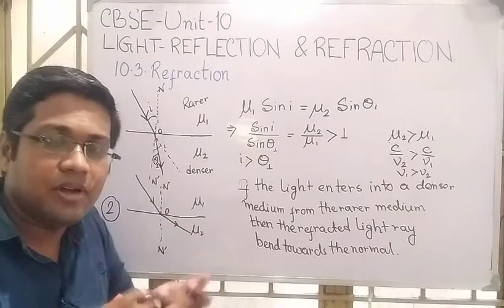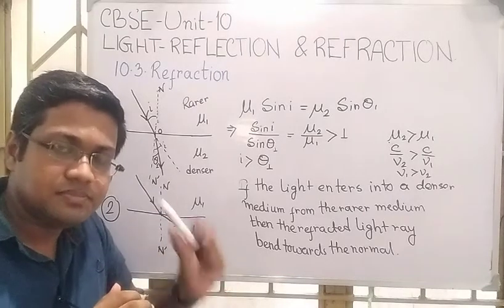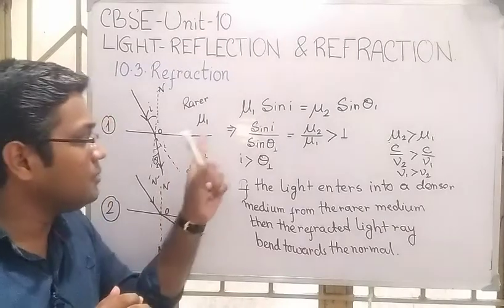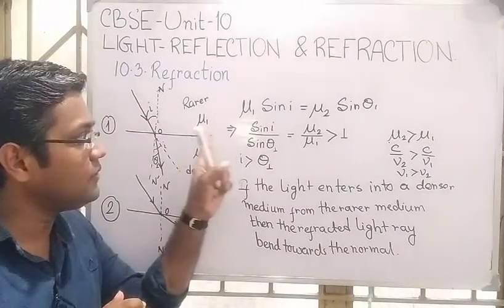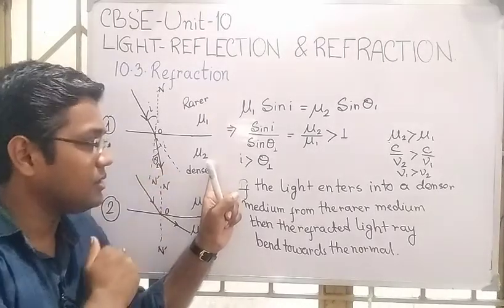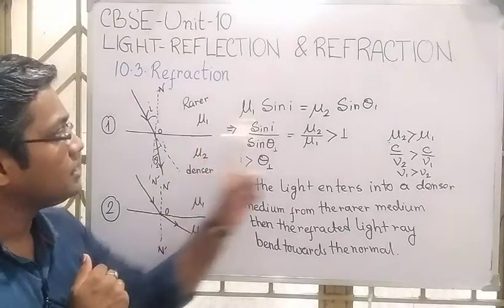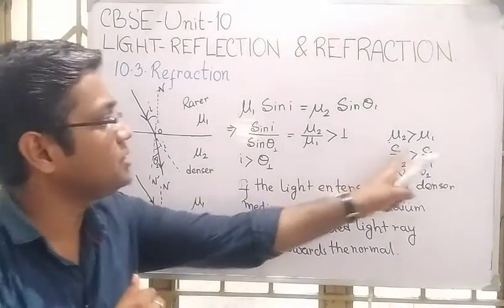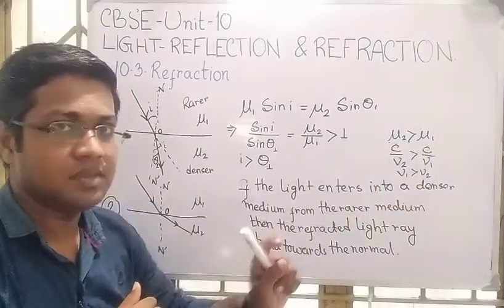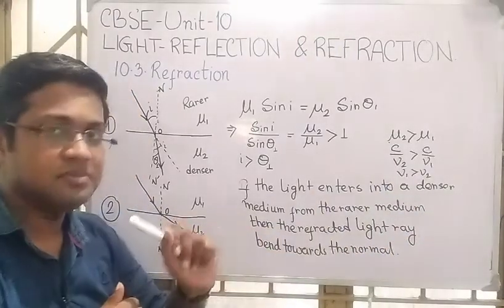If I summarize all of these things: the light ray enters from the upper medium, whose refractive index is mu1, to the lower medium, of refractive index mu2. Since we have considered mu2 greater than mu1, the calculation gives us v1 greater than v2.